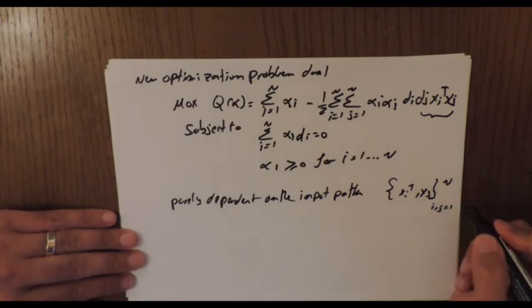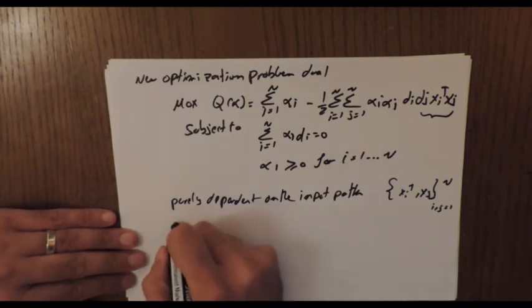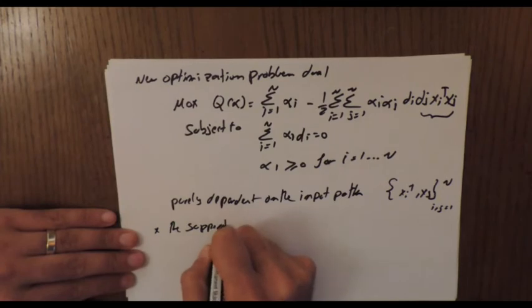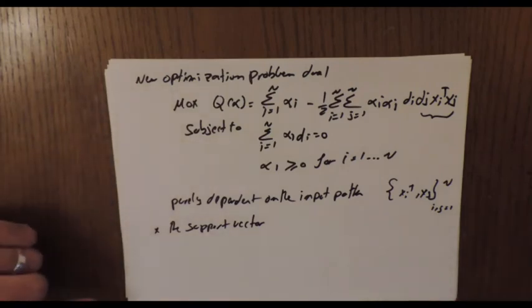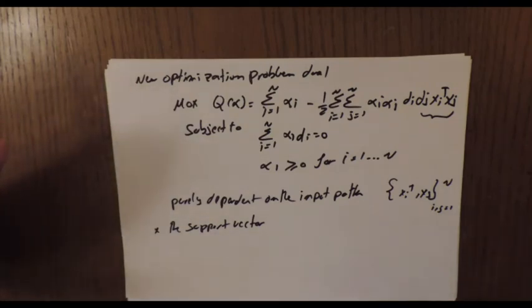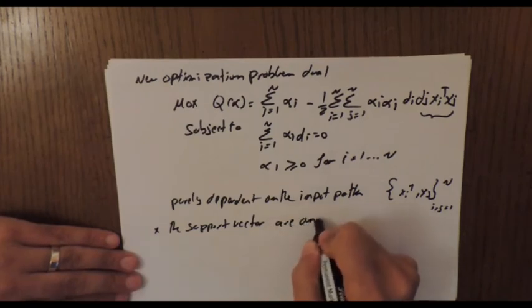However, support vectors are a subset of this sample. Remember, these are the points that are on the boundaries of the optimal hyperplane. So support vectors are only a subset.